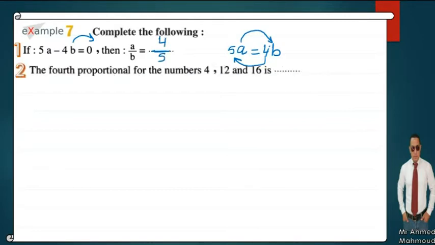Number 2, find the fourth proportion for the three numbers 4, 12 and 16. Okay, the numbers like this.